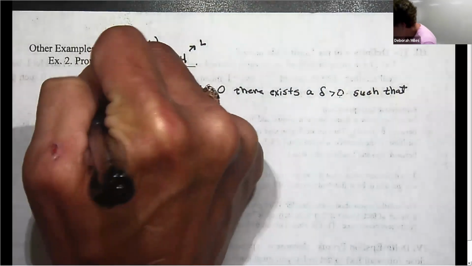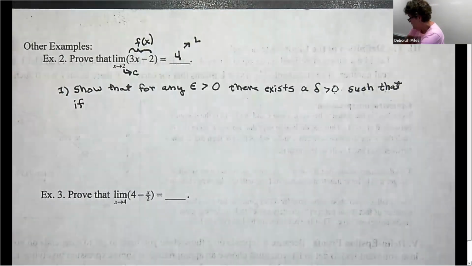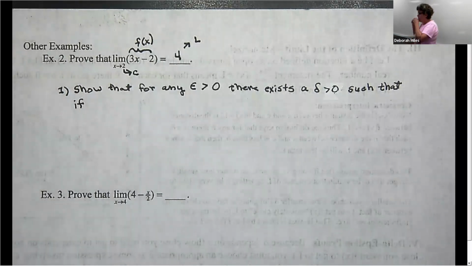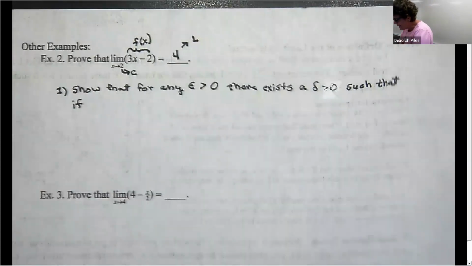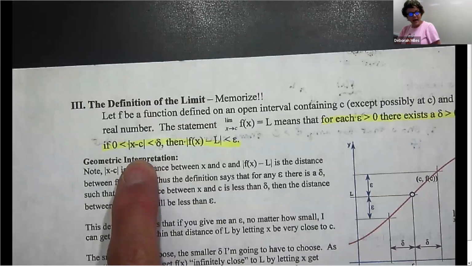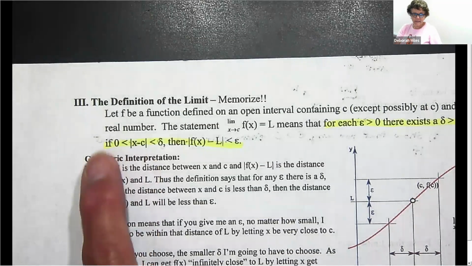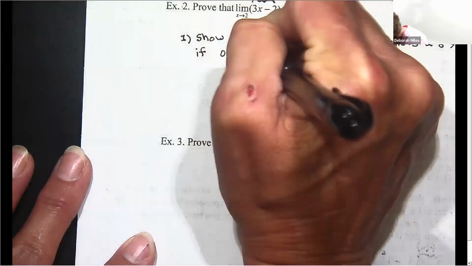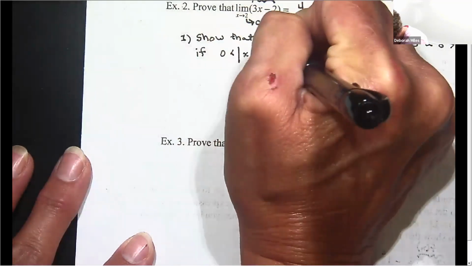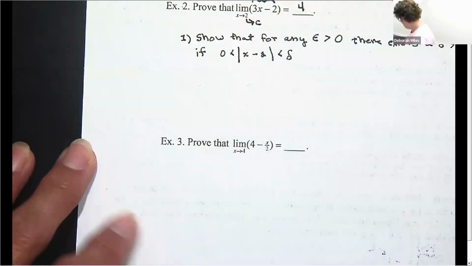For any epsilon greater than 0, there is a delta greater than 0 such that, if, I have to look back at the definition, but that hypothesis is if the absolute value of x minus c is between 0 and delta. For this problem, that would be absolute value of x minus 2 is between 0 and delta.